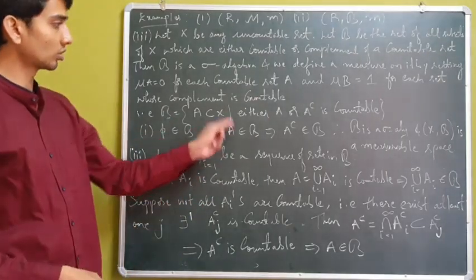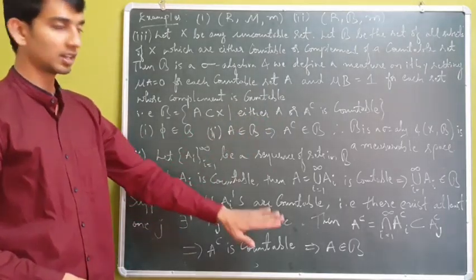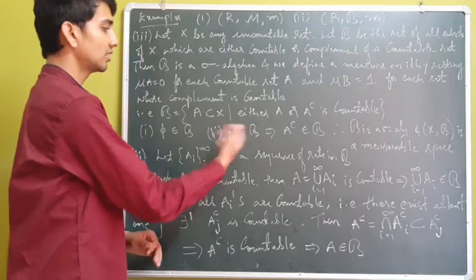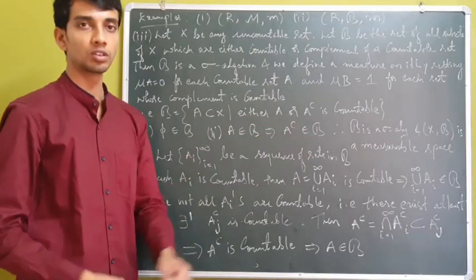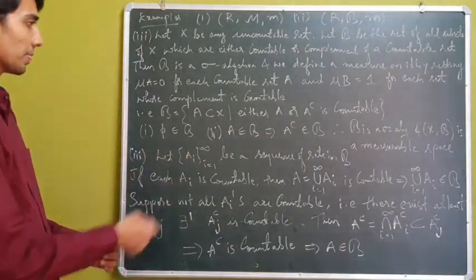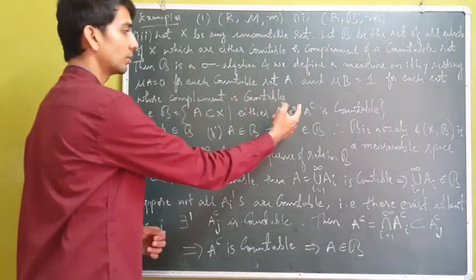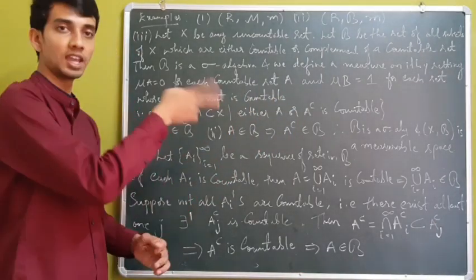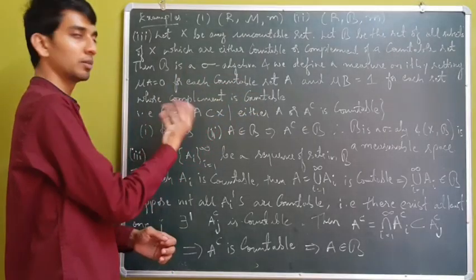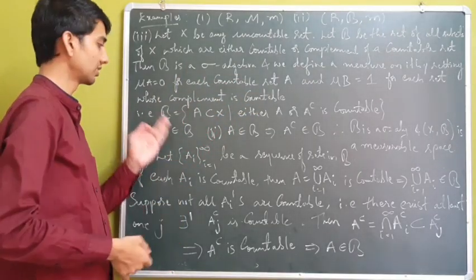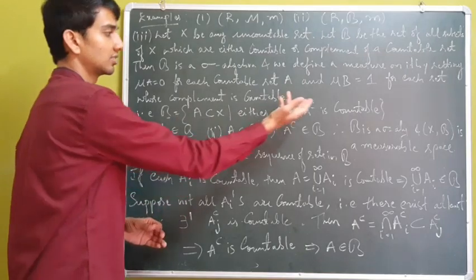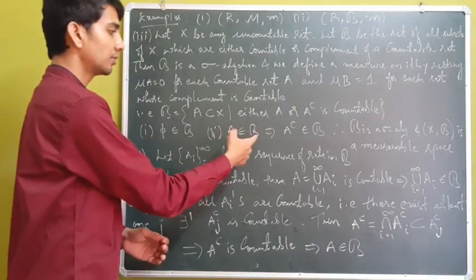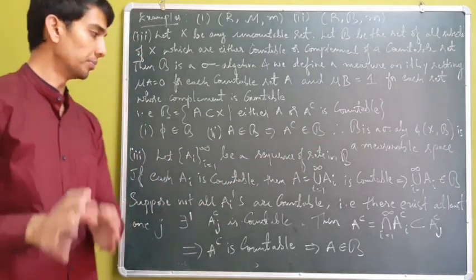For the first, if A is in B, then A complement belongs to B, because clearly if A is countable, then A complement is in the set, or if A complement is countable, then A is in the set. That is the definition of this collection B: either A is countable or its complement is countable. So clearly if A is in B, then A complement is in B.